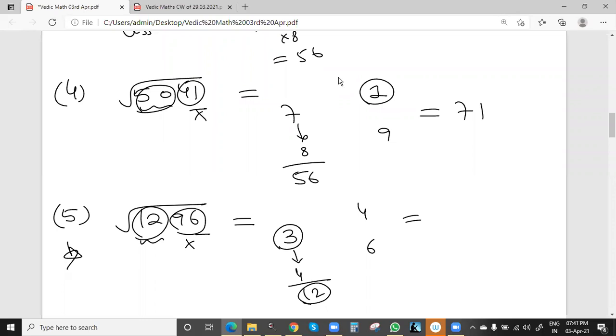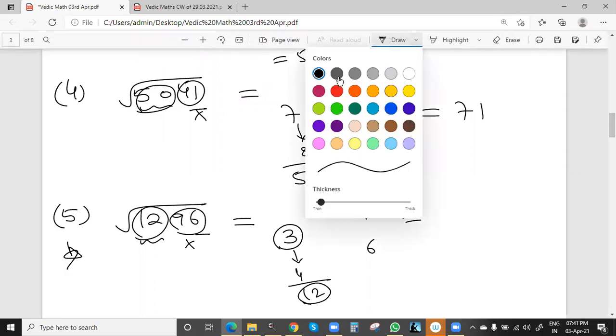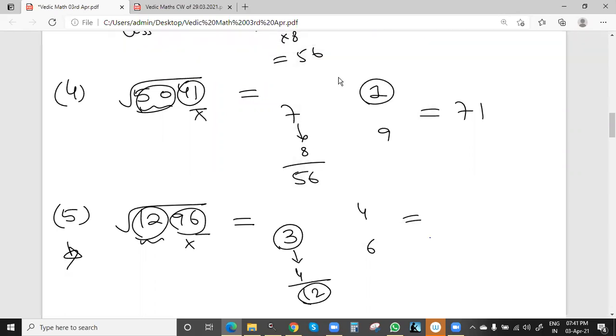So how can we verify that 34 is not the answer? Suppose somebody says 34. Because 12 is matching, we can find 34 square by our shortcut method. 4 4 16, 6 carry 1, 12 12 24, 25 carry 2, 9 9 to 11. 1156 means wrong, so 36 will be the answer.